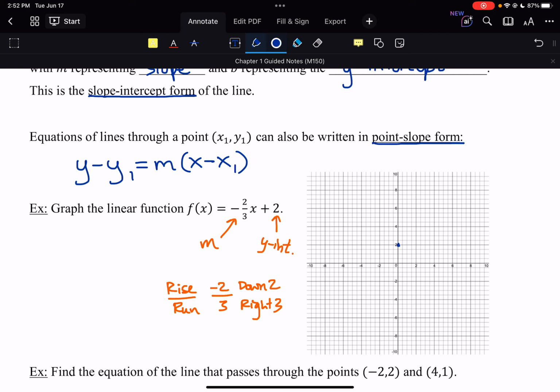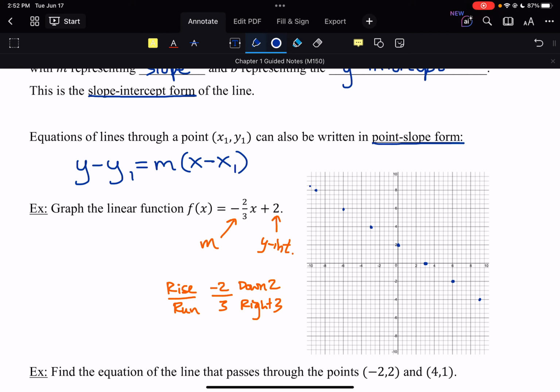We go down 2, right 3, down 2, right 3, down 2, right 3, etc. And I can backtrack here just so that we have a more complete picture of the line.